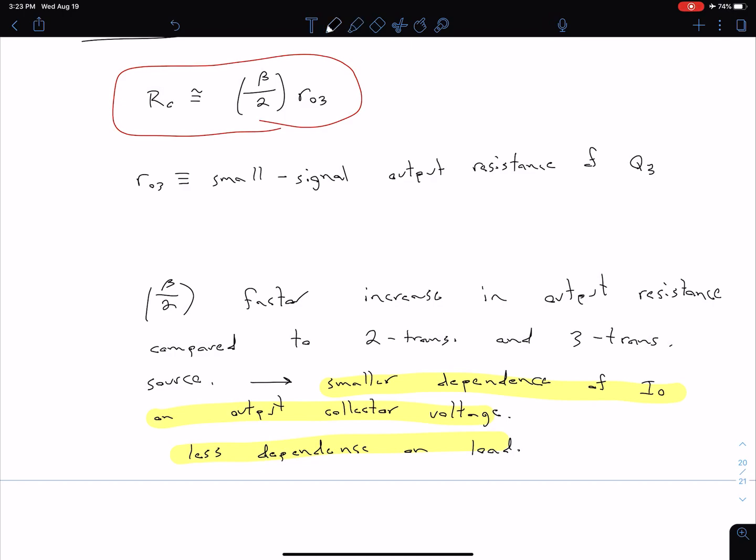So remember, we had said from our 2 transistor current source, we're trying to improve in terms of stability of our output current with respect to beta variations and stability of our output current with respect to variations in our output voltage. So we can see with our Wilson current source, we've been able to achieve both of those.